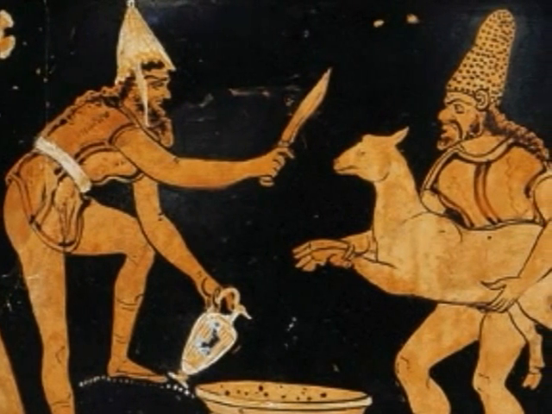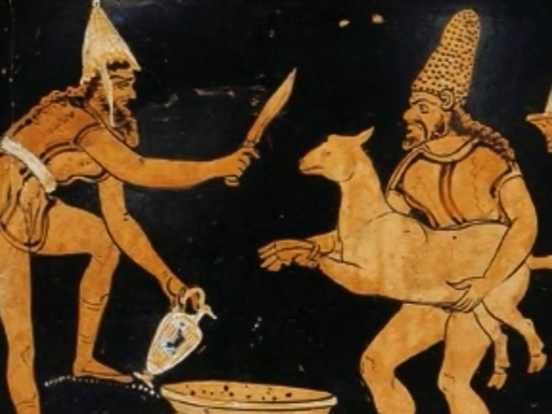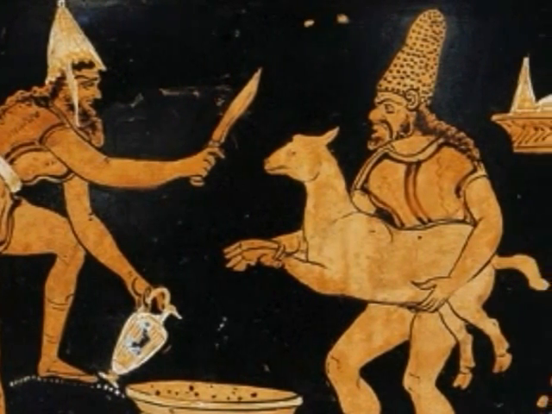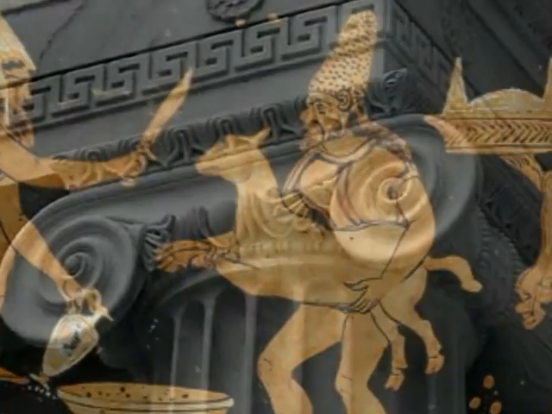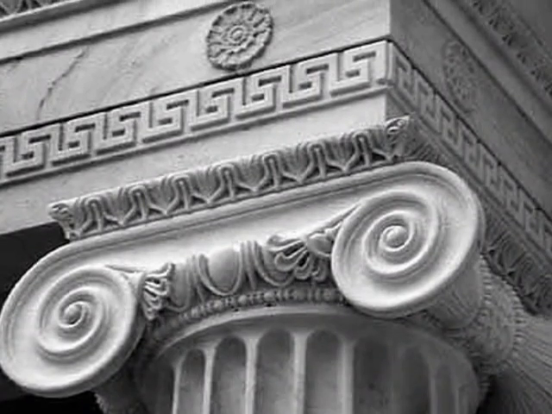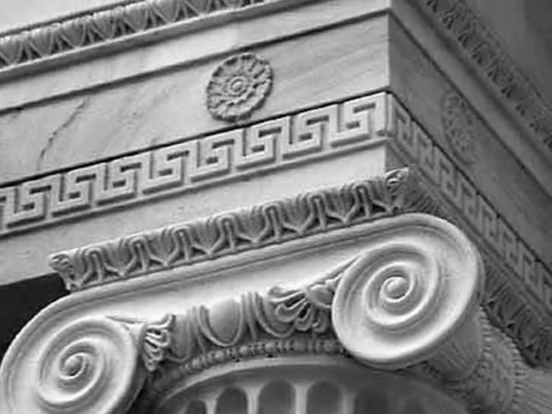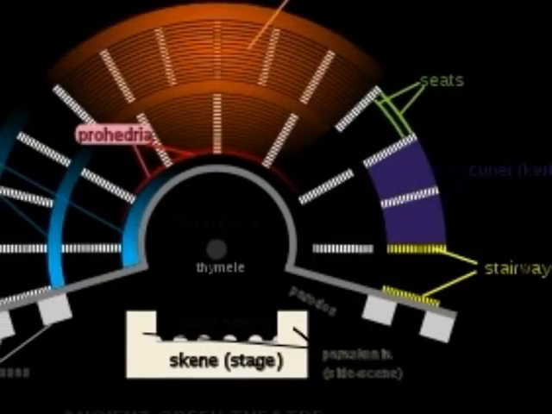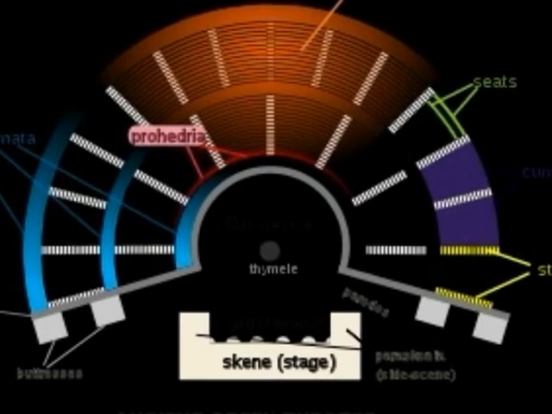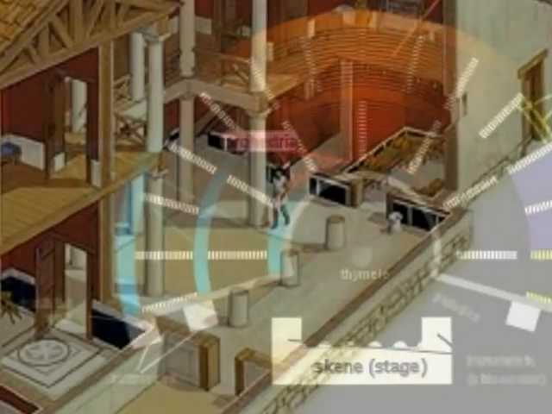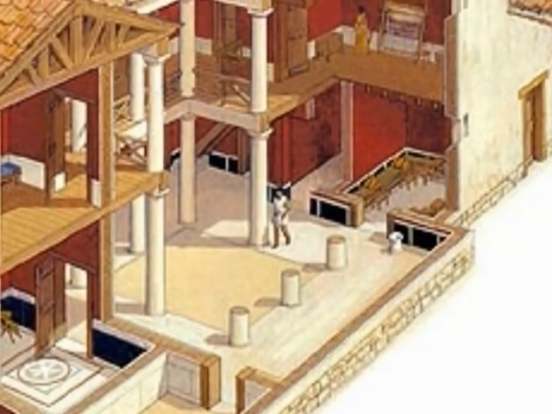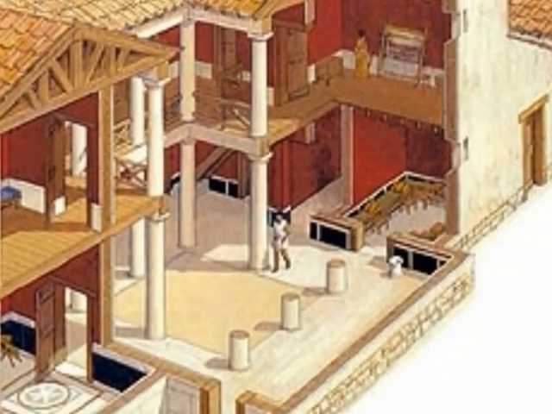Guys, you definitely need to know what caused the Golden Age to happen in Athens. We talked about art, we talked about architecture, and we talked about drama. You definitely need to know something about the Golden Age in Athens. These are just some slides to help you think about it.